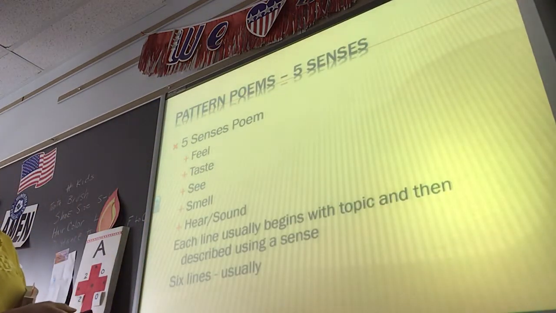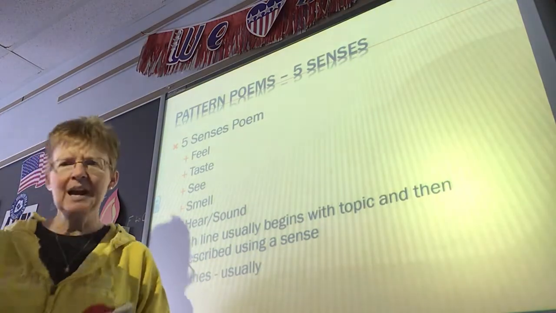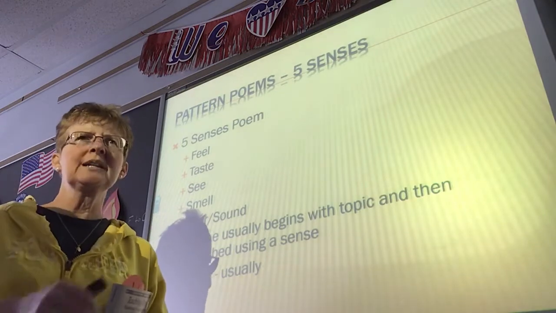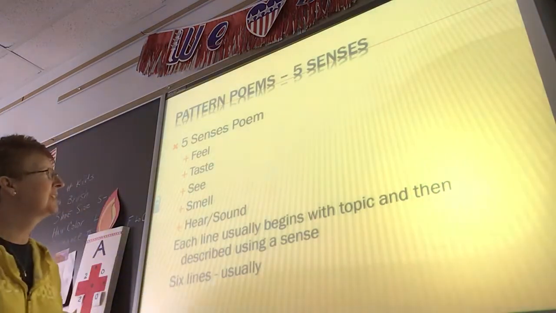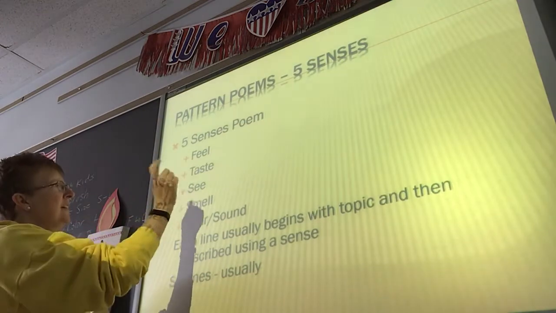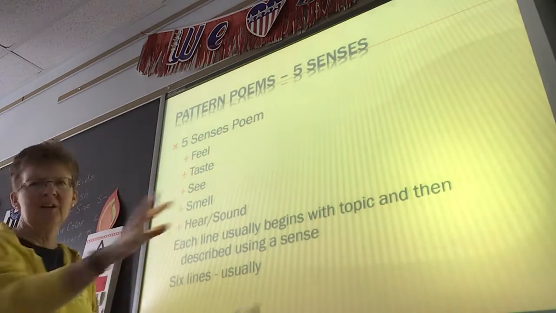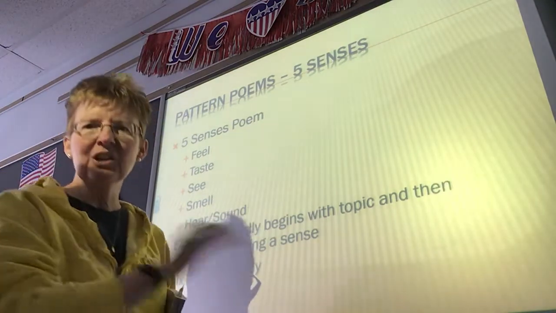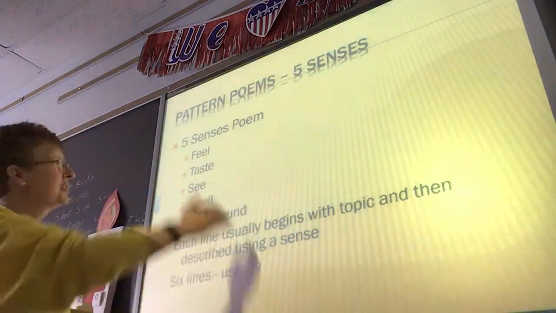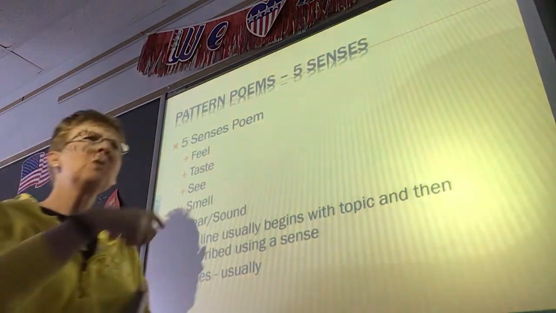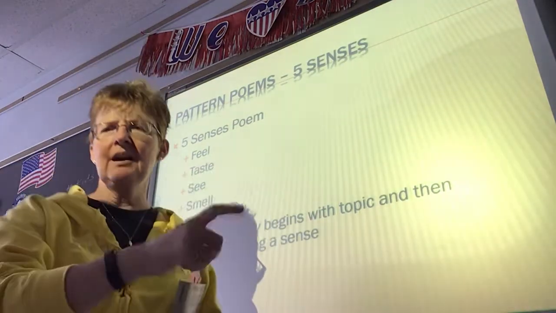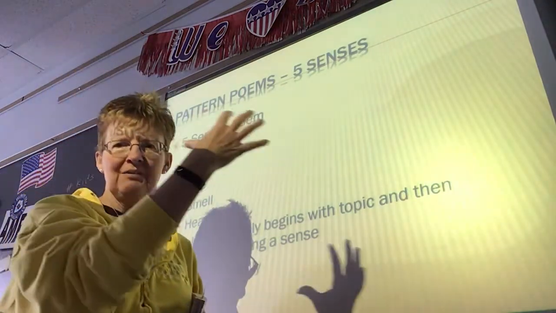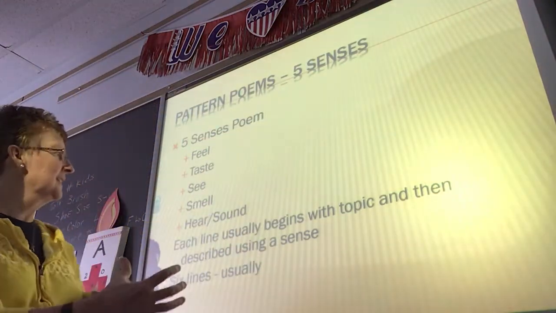All right, next one, 5 senses poem. A 5 senses poem incorporates all of the 5 senses: feel, taste, see, smell, and hear, or sound. Because you need 6 lines, you need a concluding line. You can have your 6th line at the beginning or at the end, and then your 5 lines of the senses.